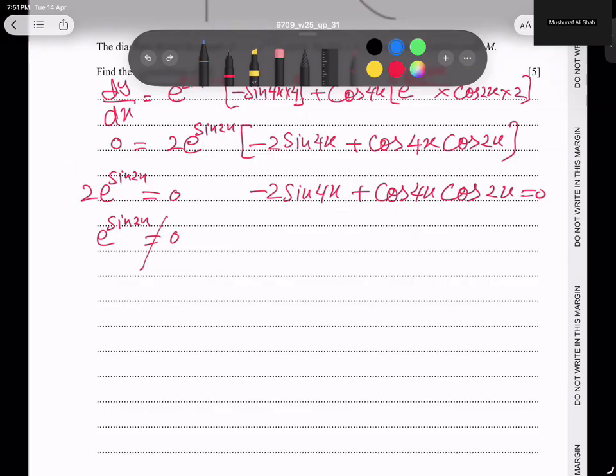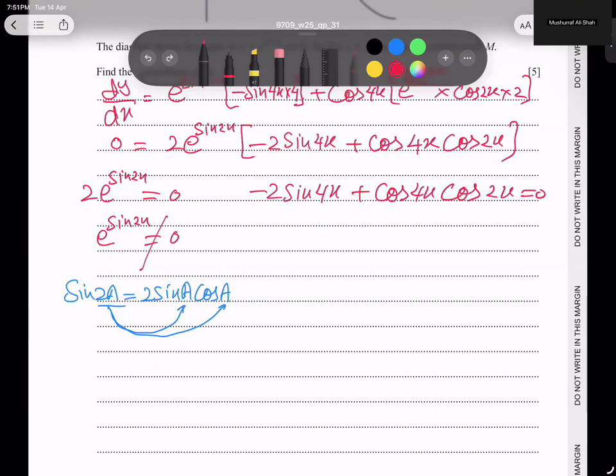Let me write it here. Sine 2a is basically 2 sine a into cos a. Let me tell again, this is double A, half angle here, half angle here. This means that if we have 4A, it will be 2A and 2A.